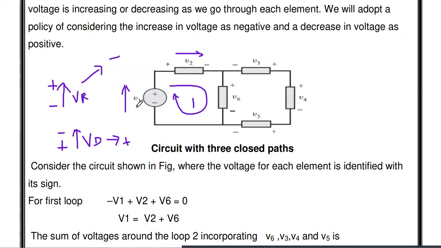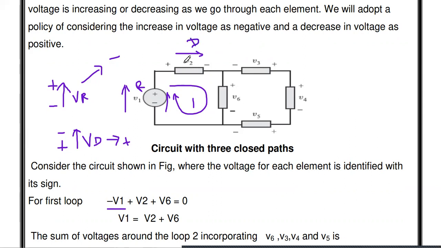If you are starting from this voltage source V1, the voltage is from minus to plus, which is a voltage rise. So for voltage rise we put minus V1. Then coming here, the voltage is plus to minus, so it is a voltage drop.